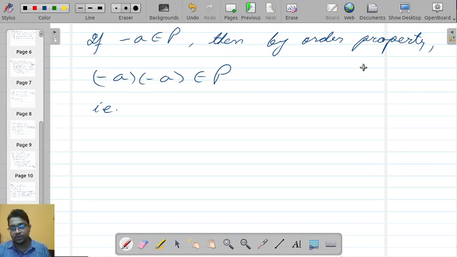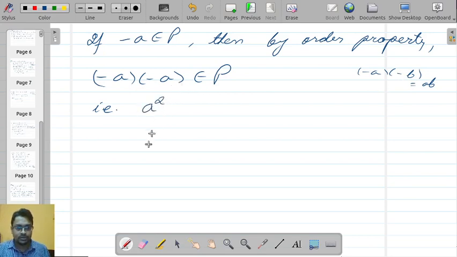From field axioms it follows that minus A into minus B is the same as AB. So from there, minus A into minus A will actually be A square.